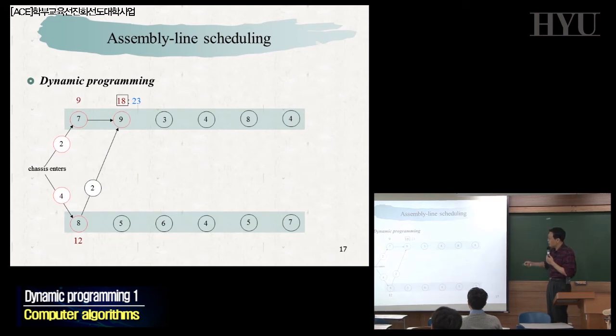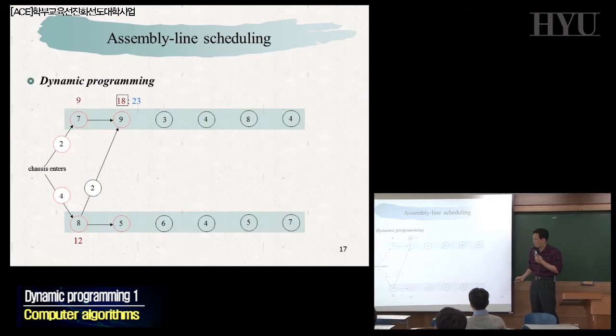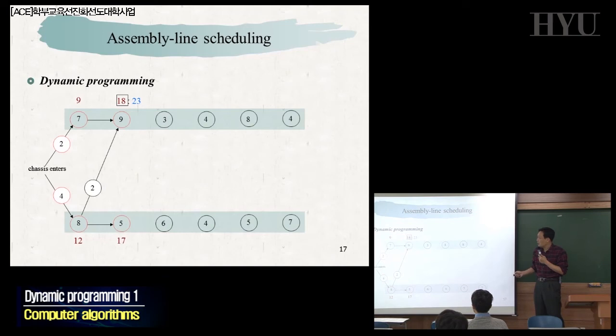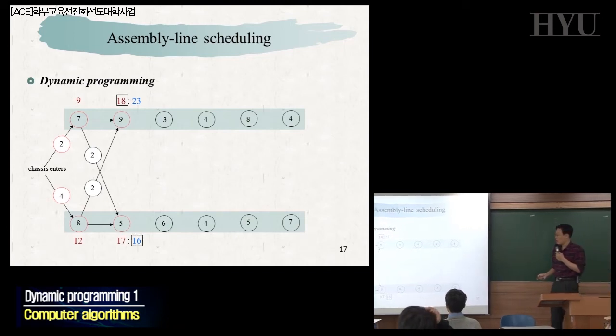So we compute the values from the earlier stations to the later stations. And how about this? 12 plus 5 is 17, and 9 plus 2 plus 5 is 16. In this case, 16 is smaller, so we take 16.